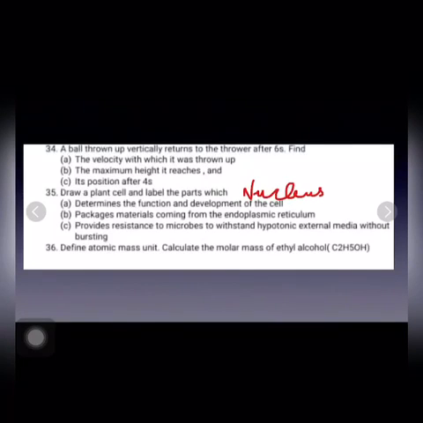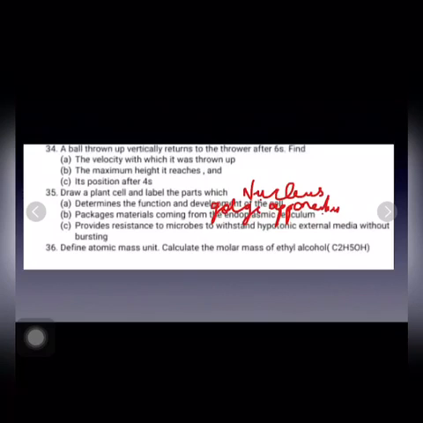The part which packages materials coming from the endoplasmic reticulum. So this is Golgi apparatus. In the C part, which provides resistance to microbes to withstand hypotonic external media without bursting.